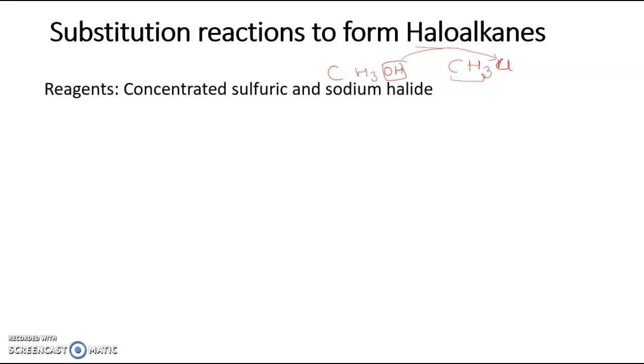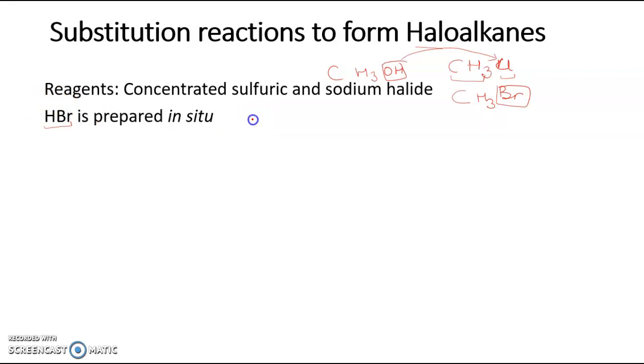The reagent that we use is concentrated sulfuric acid and sodium halide. The reason why you do that is because the HX that is needed for this particular substitution is prepared in situ. If I show an example for HBr, then I would need to replace the OH group with Br. In this case, HBr is prepared in situ.